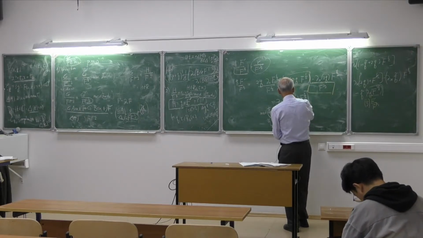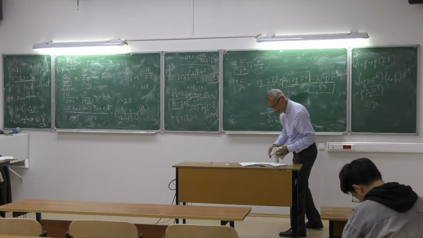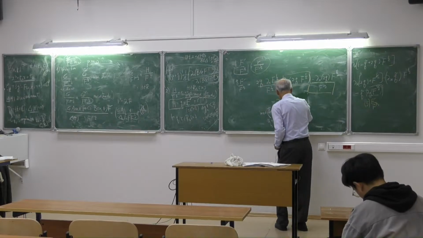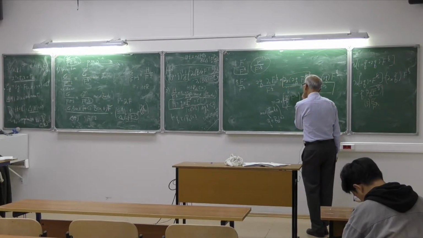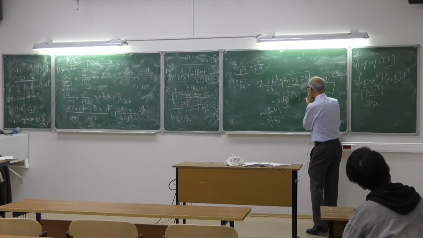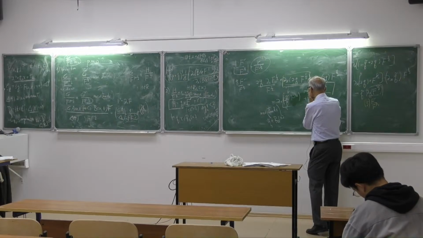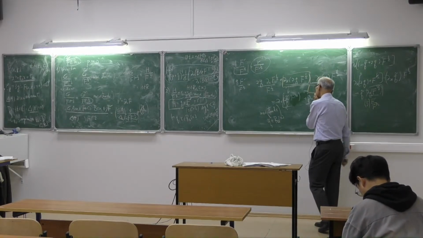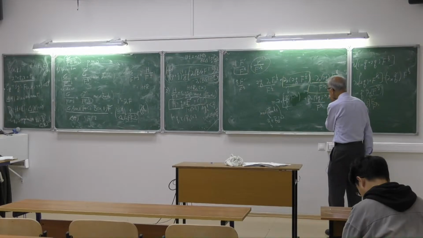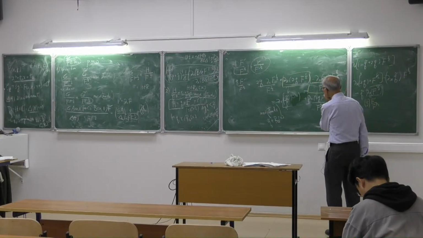So this is legitimate, and something like this is legitimate. But this must remain, dx 2q, this must remain, yeah. Is it true?